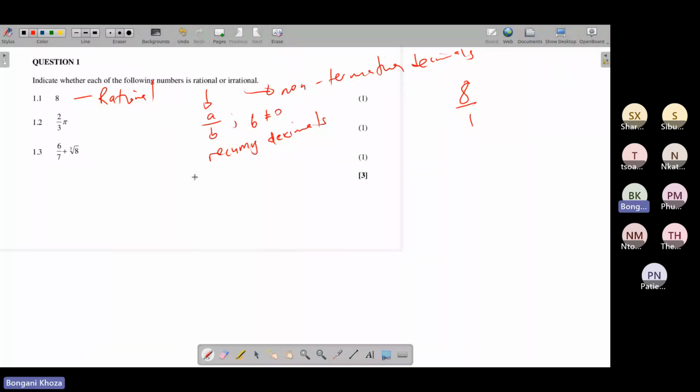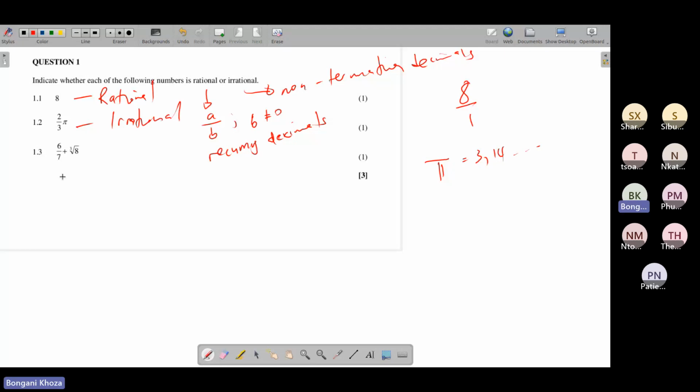Is pi rational or irrational? Irrational, because this 3.14, whatever, it goes on forever and ever. So if you're going to multiply it by this number over here, it's still going to continue being an irrational number. So this is irrational.